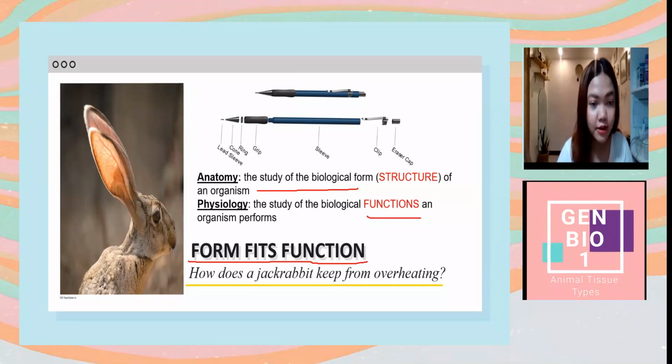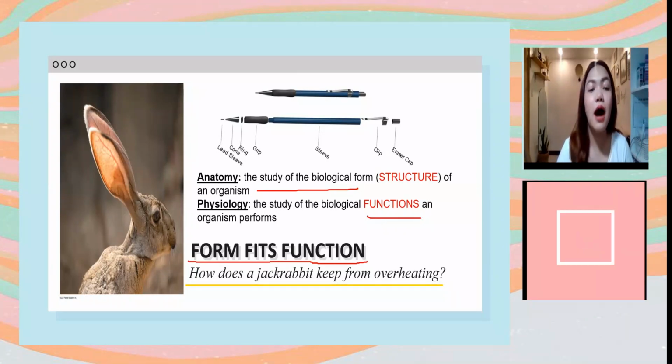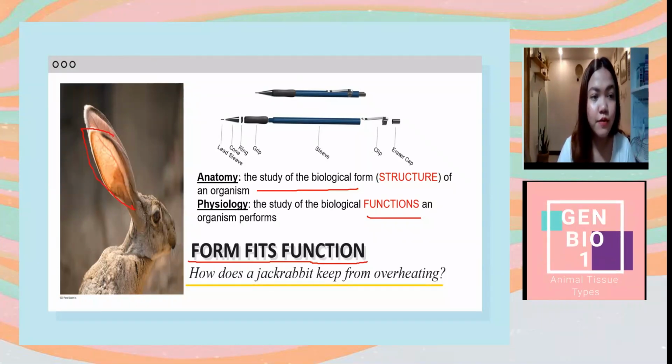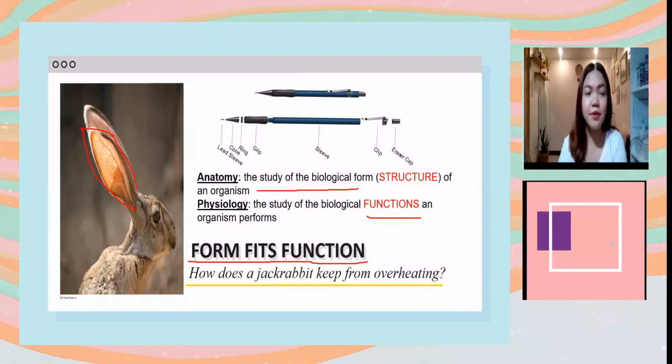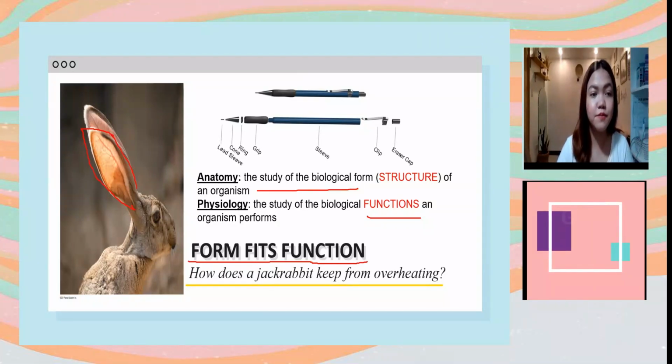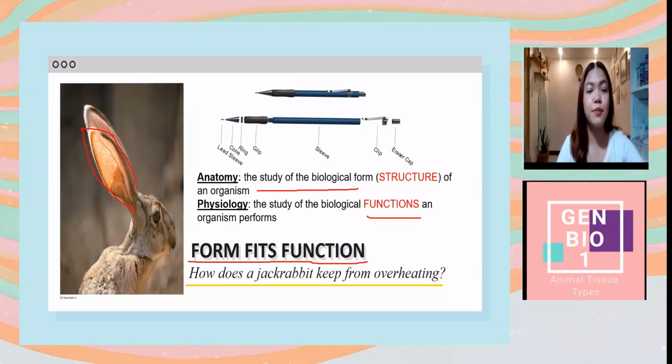Another example is your jackrabbit. How does the jackrabbit keep from overheating? That is because of their large ears. We've studied before that if you have a high surface area, of course, you'll have a lot of space to dispense the heat in your body.